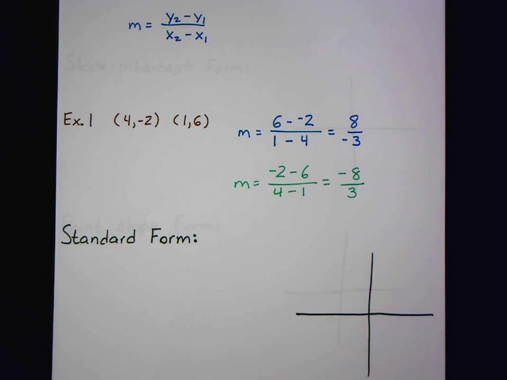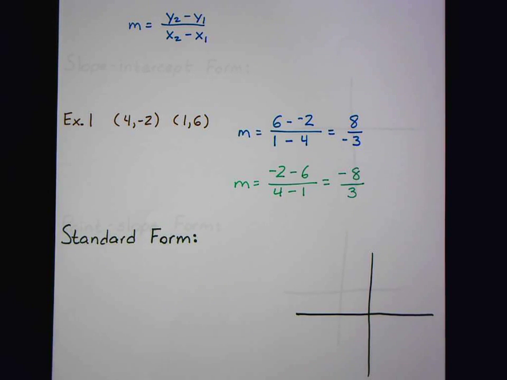Okay, so there's slope. Now we're going to talk about types of equations for a line. So now we're going to switch to linear equations now that we know what slope is. The first one is worthless. They talk about it all the time, but it's entirely worthless. No one ever uses it. It's standard form. We're going to talk about it because it is a form for a linear equation, but it's worthless.